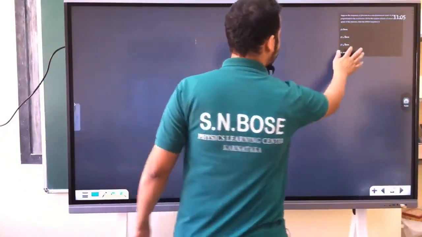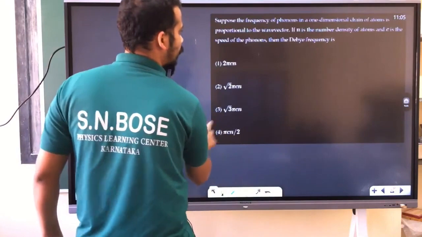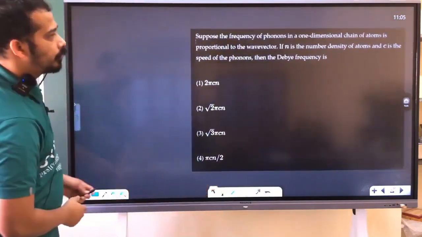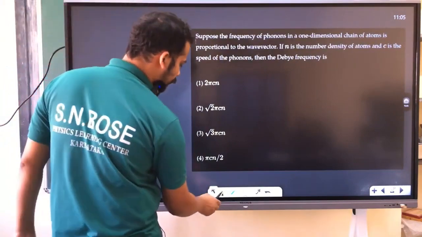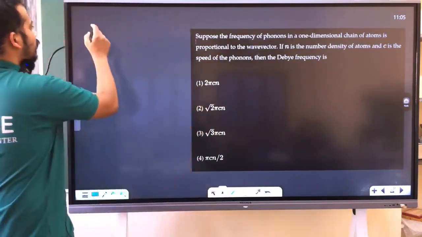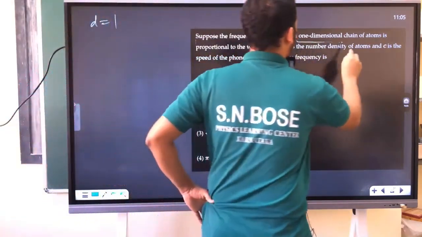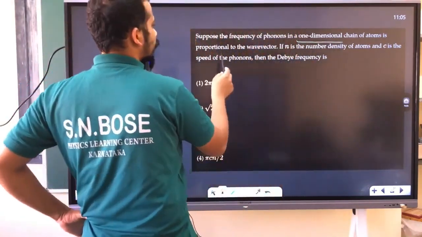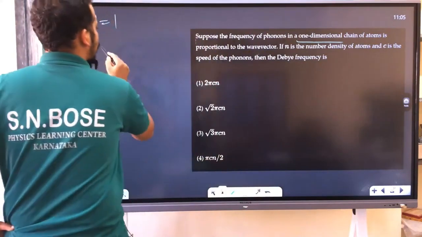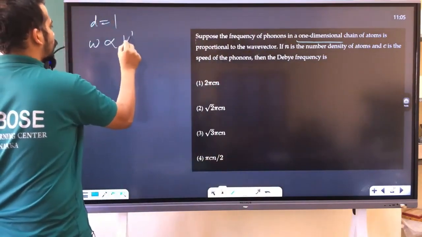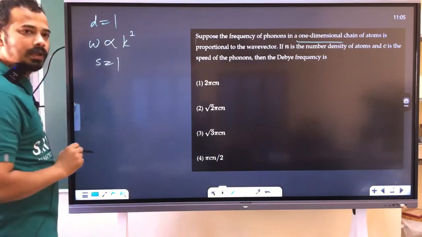What was this question? Suppose the frequency of phonon in a one-dimensional chain of atoms is proportional to the wave vector. One dimension, so D equal to 1. That means omega is proportional to k power 1, so S is equal to 1.